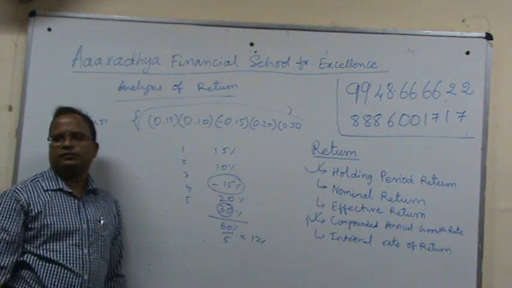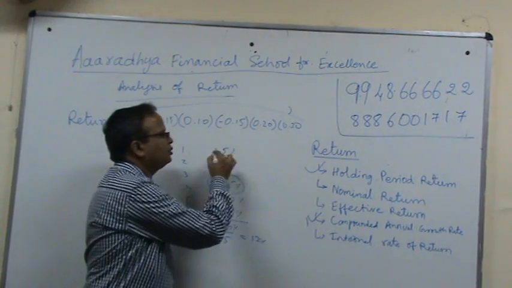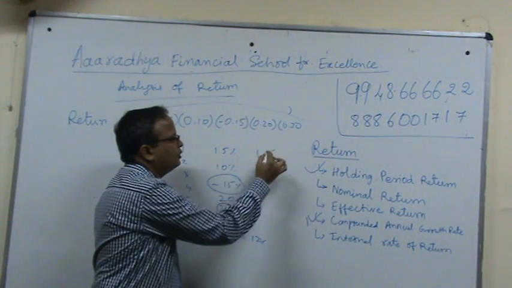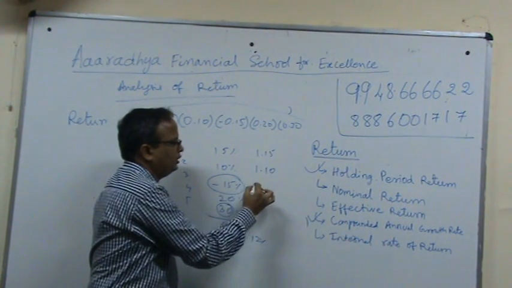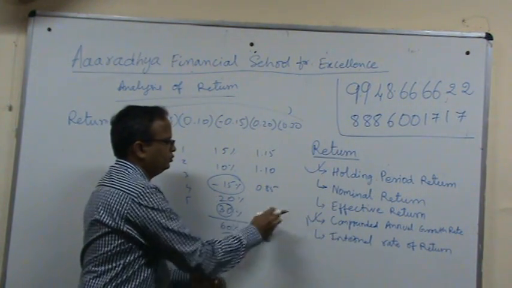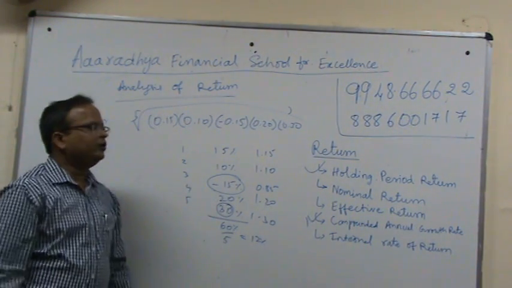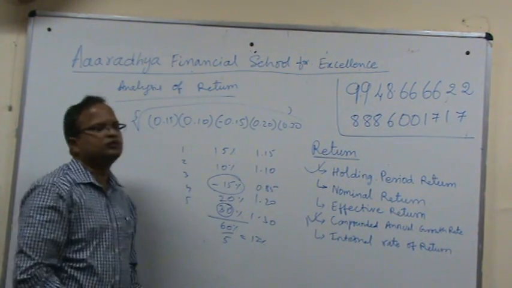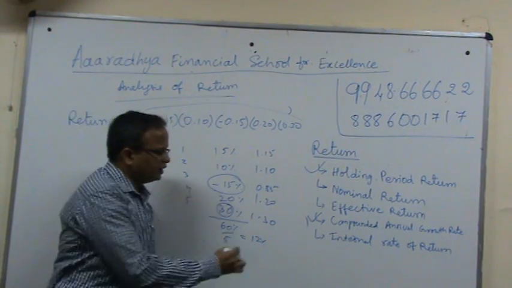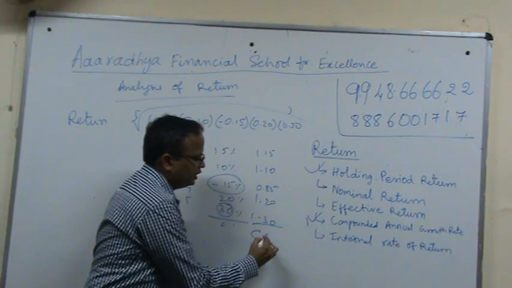Root is not possible. So in order to eliminate this issue, what we will do is add 1 to everything. This becomes 1.15, 1.1, this becomes 0.85, 1.2, 1.3. Now I will take the root of this, which is quite possible. The root of this, whatever comes, that will be your compounded annualized growth rate.